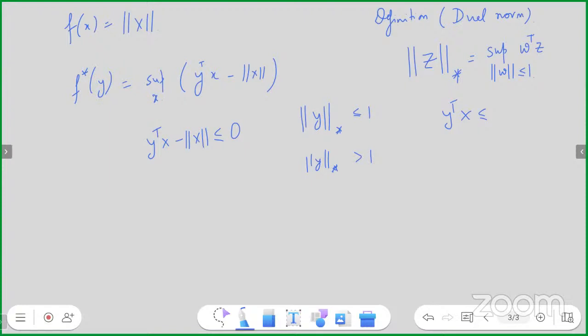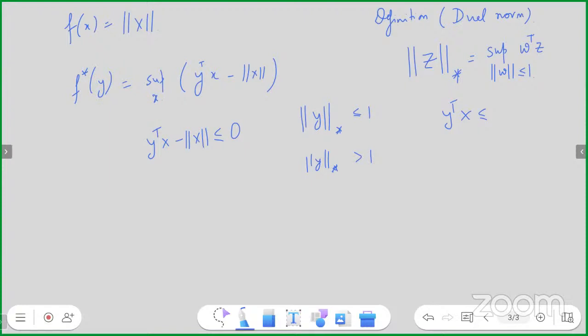Okay, so if you have the y star norm equal to 1, then y transpose x is less than or equal to the norm of x. Why? Give me a one line argument. That's all that is needed. If you just put z equals x and omega equals y.